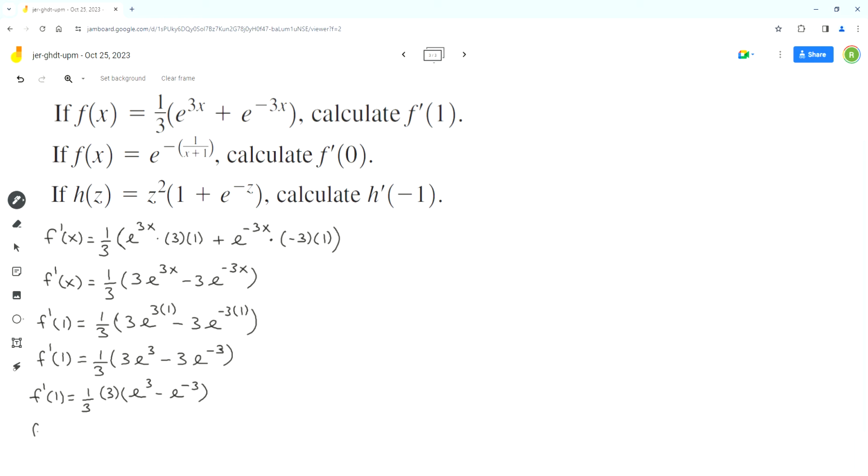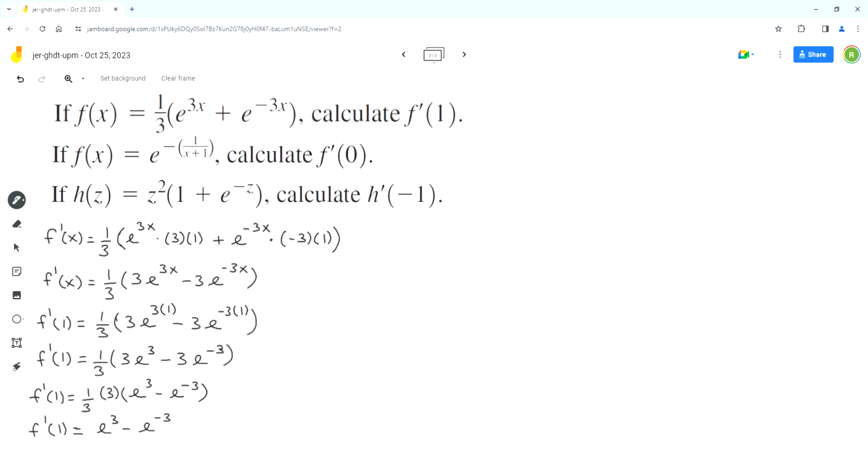So the coefficient is 1 and we don't write the 1 as a coefficient. So we just write e to the power 3 minus e to the power negative 3. So this can be the final answer for the derivative of the given function at x equals 1.